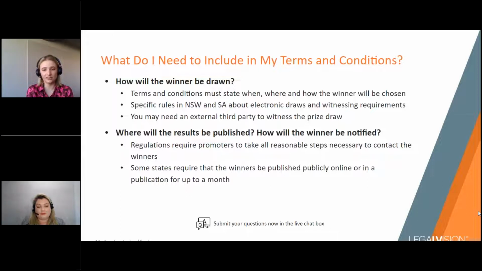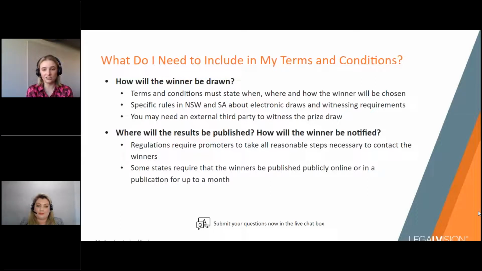We usually suggest putting in a time frame of 2 business days to reach out to winners. Further to that, some states also require that the winners be published online or in a publication as advertised for up to a month to make sure that winners are appropriately contacted.